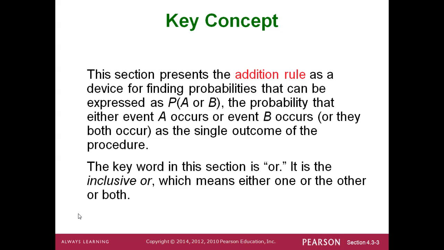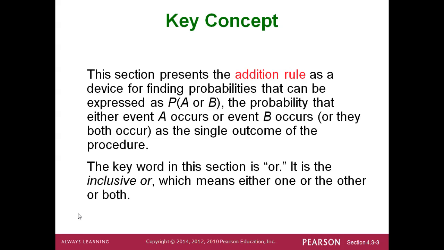All right, so let's get the addition rule, section 4.3. The addition rule is the device for finding probabilities that can be expressed as OR problems. Addition rule is OR. ORs are the addition rule. That's the thing you have to tie together so you know which rule to use, because when we throw in the multiplication rule in the next lesson, there's a different rule.